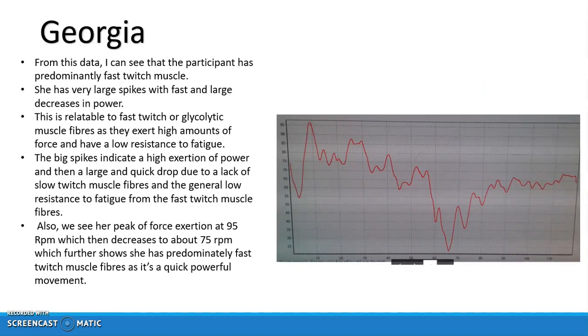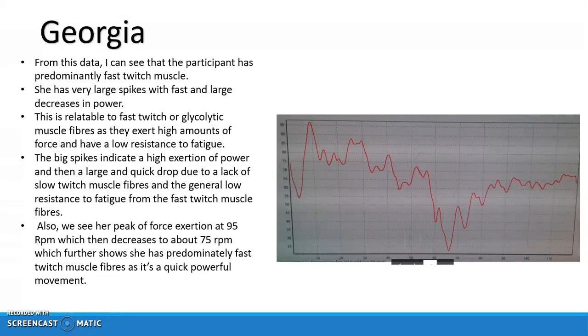This is data from a test, and I analysed what muscle fibres were used. From this data, I can see that the participant has predominantly fast twitch muscle fibres, which is Type 2B. This is because she has very large spikes with fast and large decreases in power. This is relatable to fast twitch or glycolytic muscle fibres as they exert high amounts of force and have low resistance to fatigue.